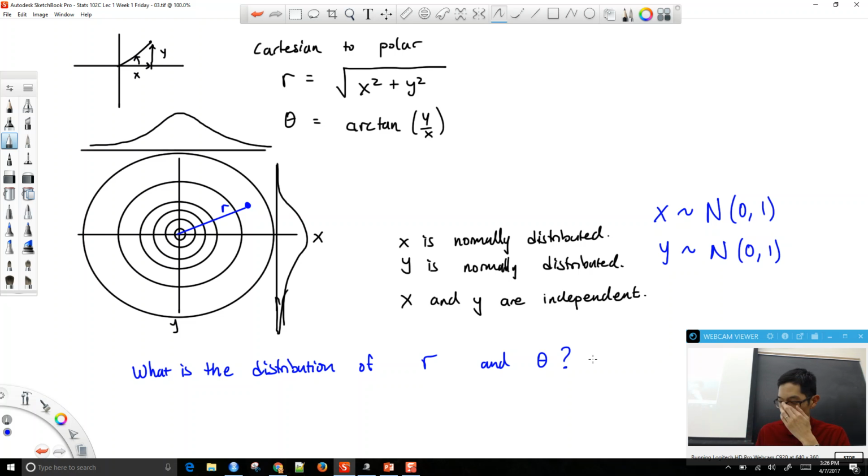And I don't know if you guys learned this or not, so I'll just tell you, I guess. Have you learned about joint distributions and the Jacobian, like the determinant of the Jacobian is used to map out a transform from one set of variables to another set?